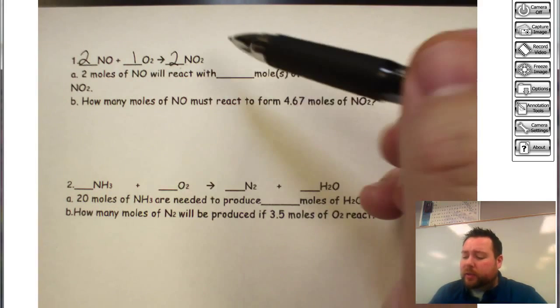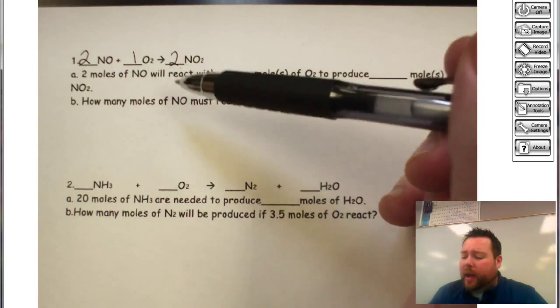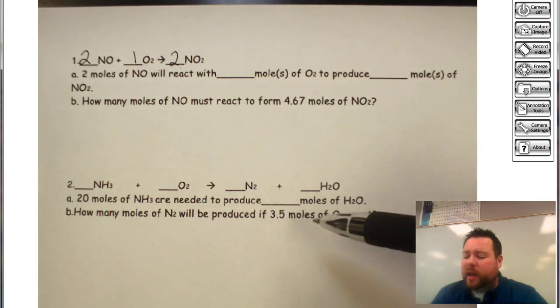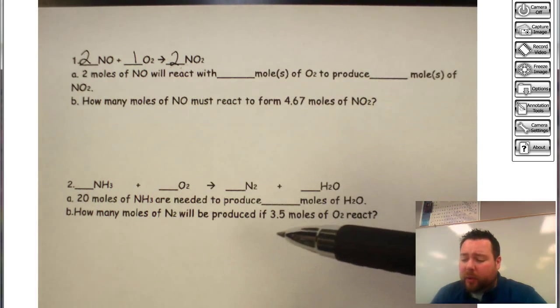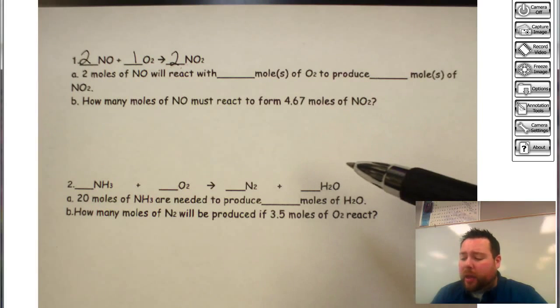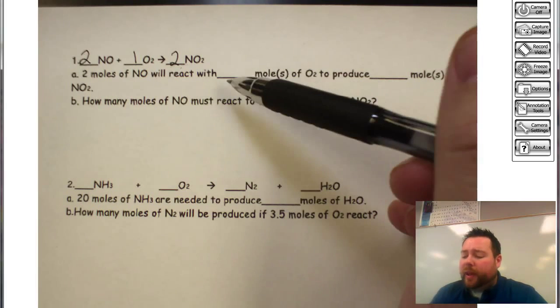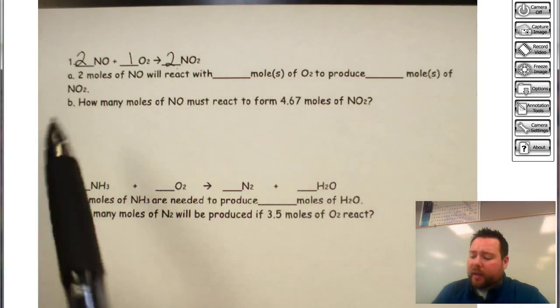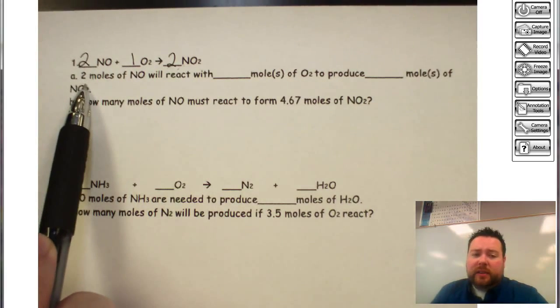Now that I have this information, I can look at part A, which says 2 moles of nitrogen monoxide will react with blank moles of O2 to produce blank moles of NO2, nitrogen dioxide. Really, I'm just referring to the numbers above it. This is written out as a word equation.